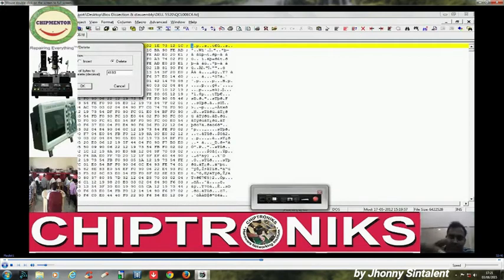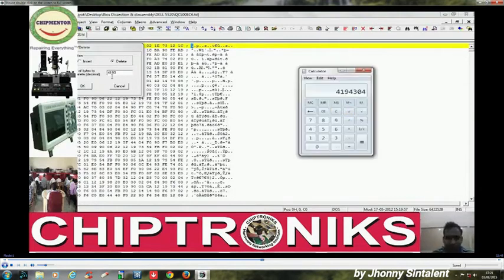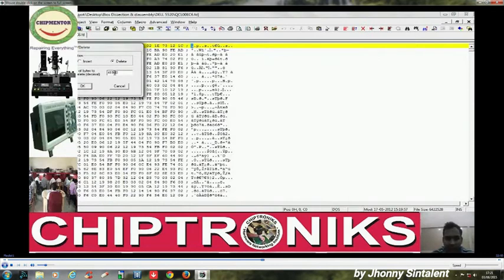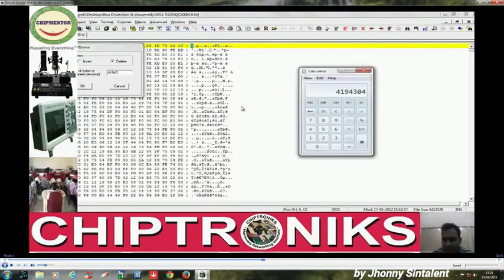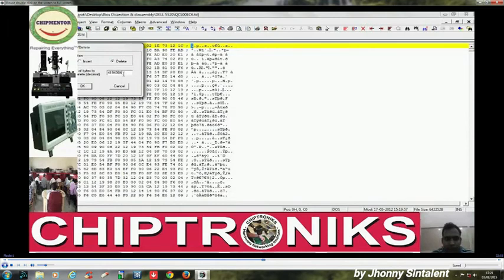As I have said, the first 4 MB is system BIOS, the rest is EC BIOS. So we are deleting 419404.